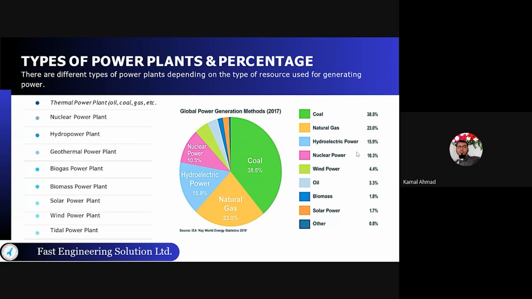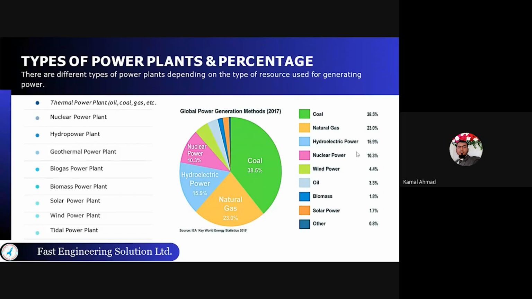So we are using coal and natural gas for generation, and for captive power plants another fuel used is HFO, or heavy furnace oil. That is used by some captive power generation plants also. We use diesel for captive power plants, and natural gas fuel also.